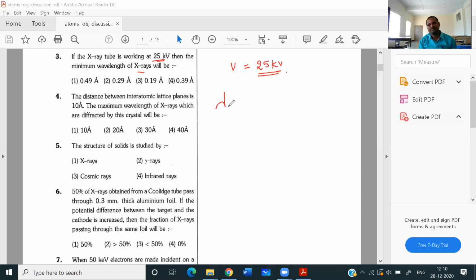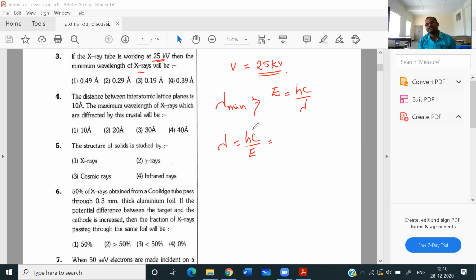Voltage is given, 25 kilovolts. We know the X-ray minimum wavelength formula is nothing but the energy of incident radiation, energy is equal to hc by lambda. Then lambda can be written as hc by the energy of incident radiation.